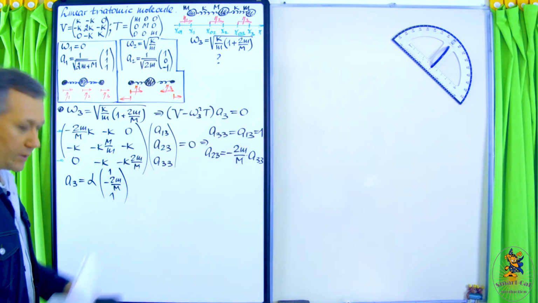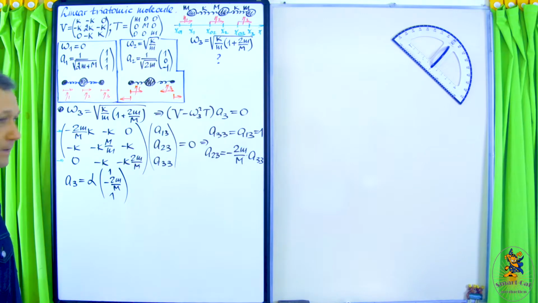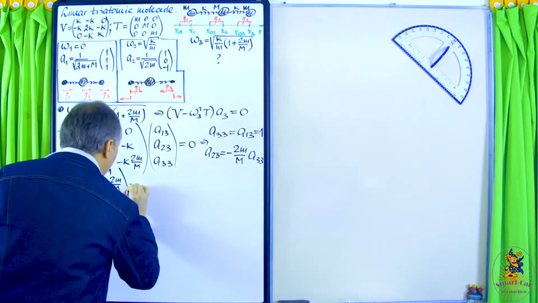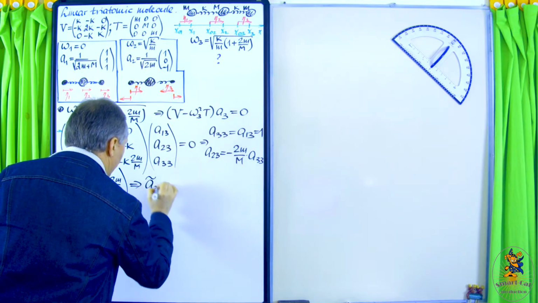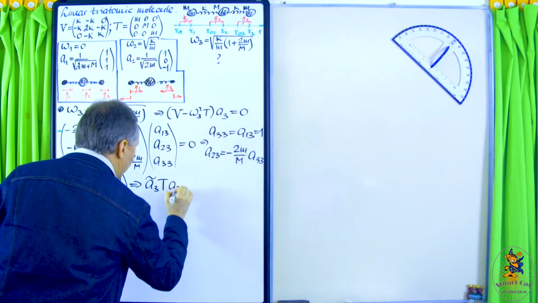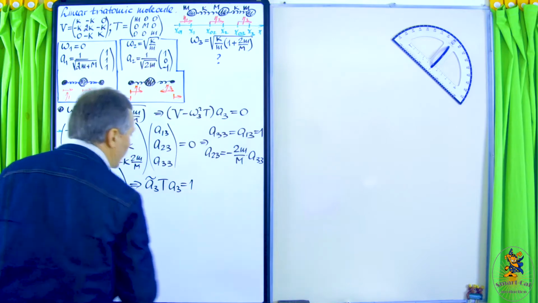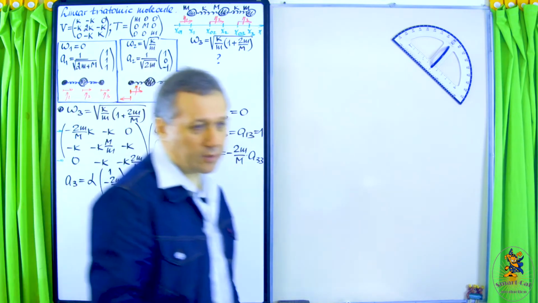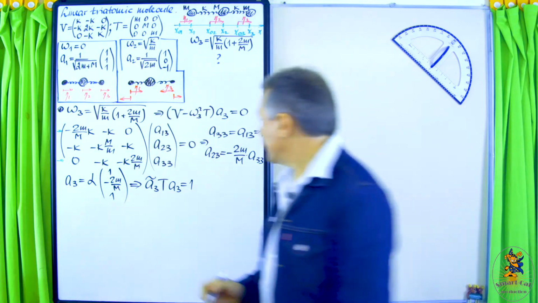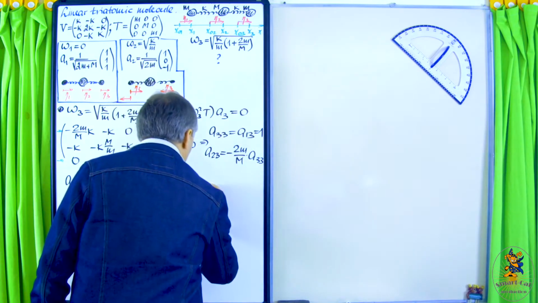So with the normalization factor, I'm applying normalization, which is A3 transposed times A3 must be equal to 1.